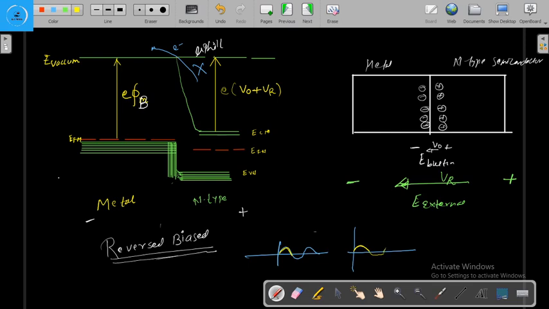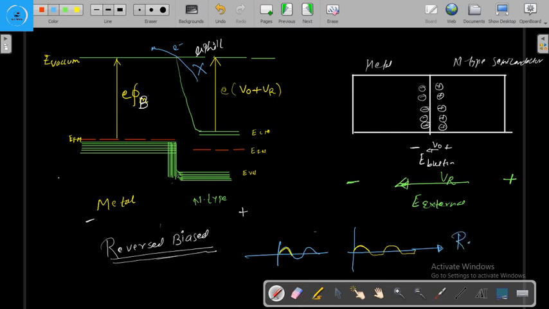Now, again for the forward bias it will become like this. So we can say this operation looks like a rectifier.